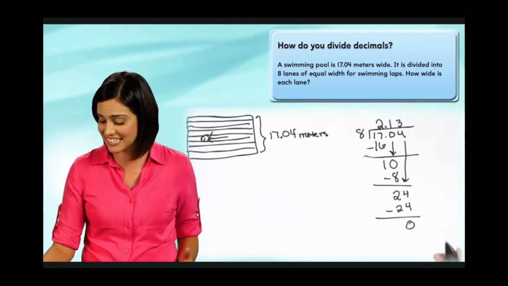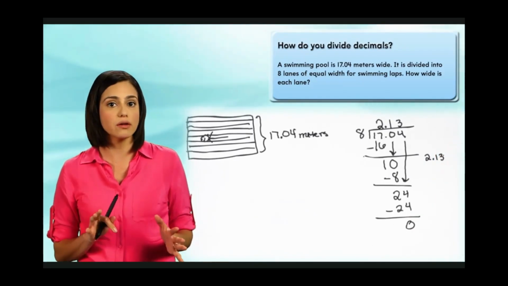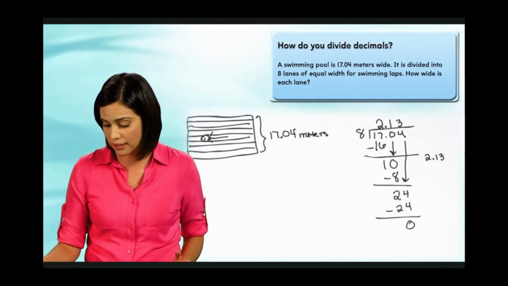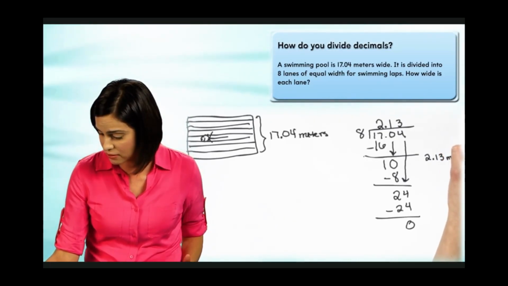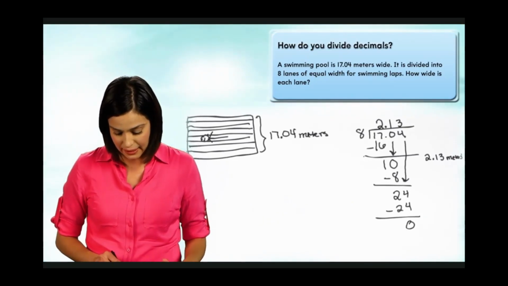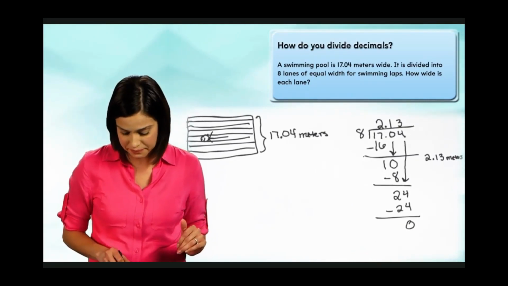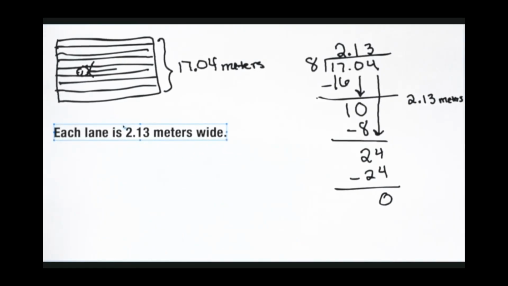So our quotient is 2.1300. Don't forget your units. Units are very important. We have 2.1300 meters. So how wide is each lane? Each lane is 2.1300 meters wide.